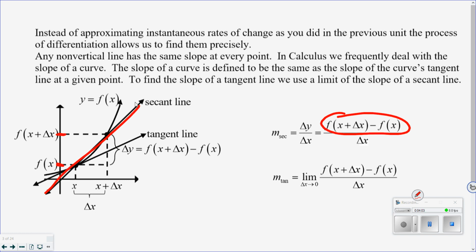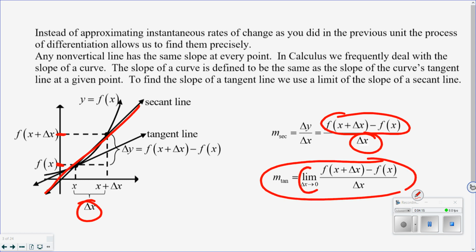If I take x plus delta x minus x, you find that change comes out to be delta x down here. So that gives you the slope of the secant line. To find the slope of the tangent line, we just take the limit as delta x approaches 0. As this point gets closer and closer to x, we just look and see what's happening to the slope of the secant line. A couple of things.